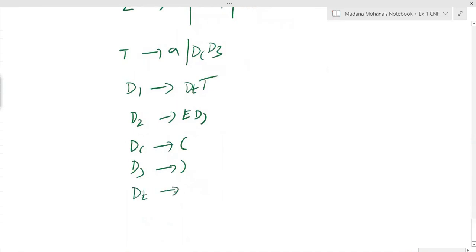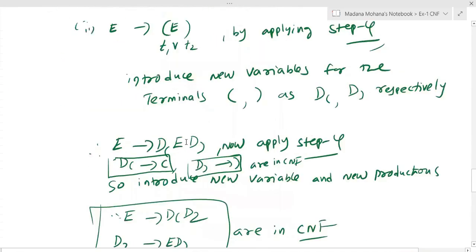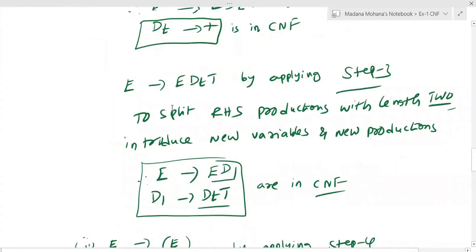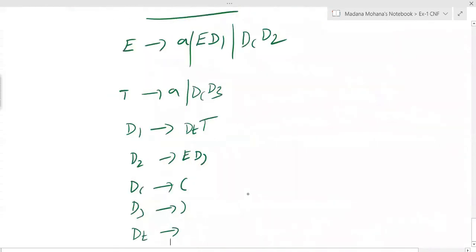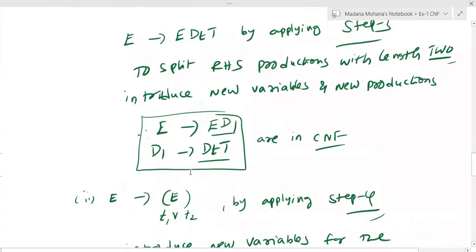D suffix T derives a terminal plus. If you want here also T, you can replace it by plus. Then the nomenclature should match with the terminal value. Here it is plus. Now wherever D suffix T, you can introduce it as the symbol plus, D suffix plus.